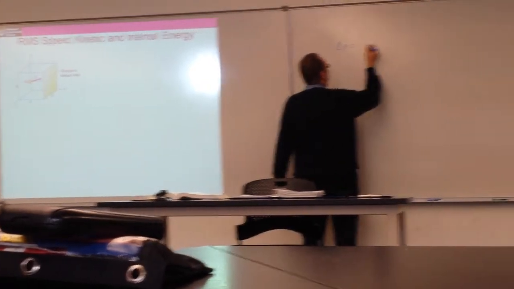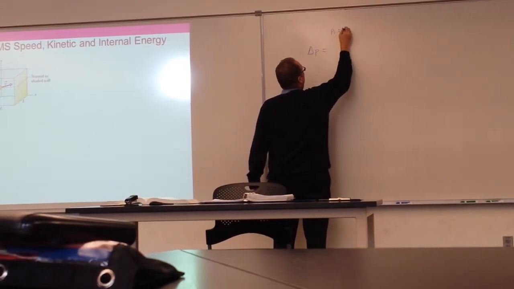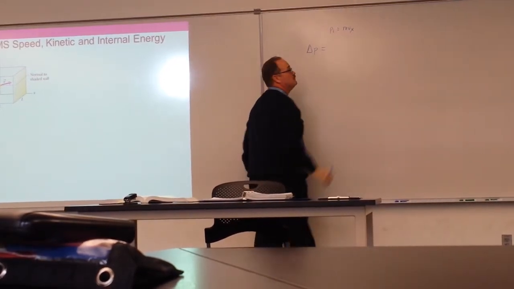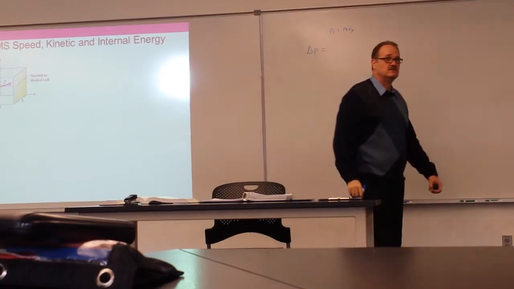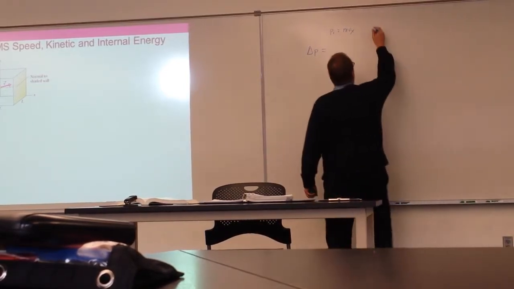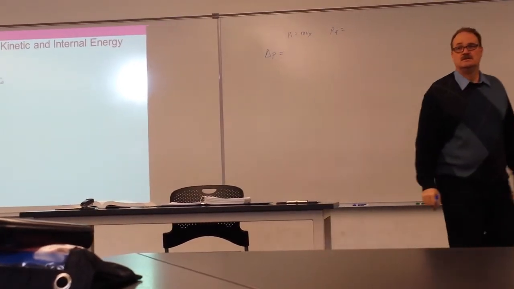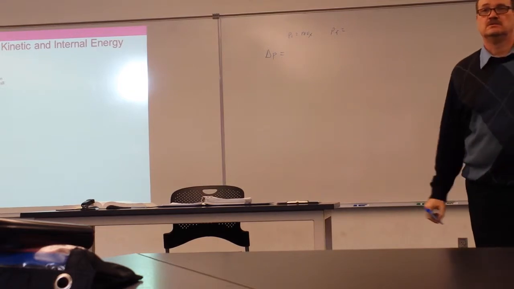So the ball's x momentum, since it's moving to the right, its original x momentum is m times the component of its velocity in the x direction. And what will be its final momentum?